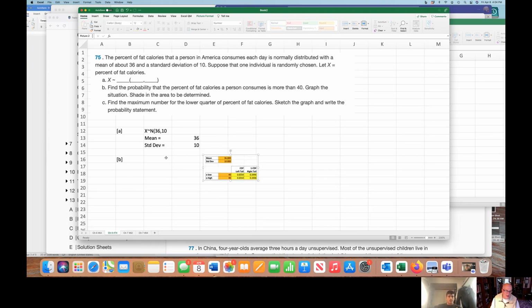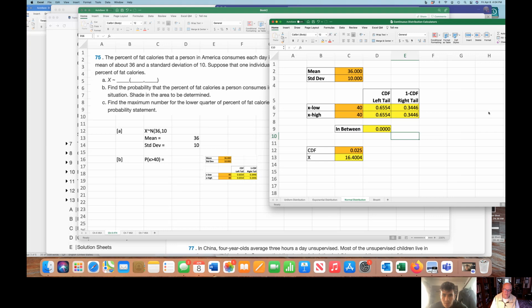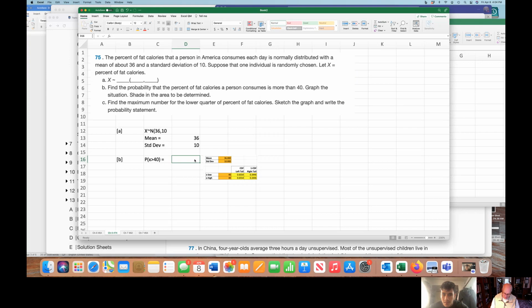I have to make it big. Probability that X is greater than 40 equals what? What would you say it was based on this? 0.3446. There we go. That answers that.